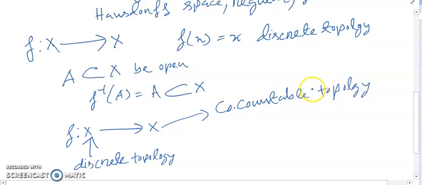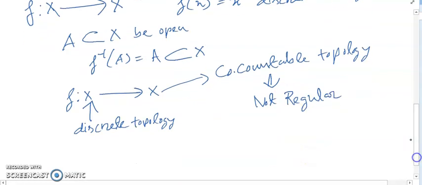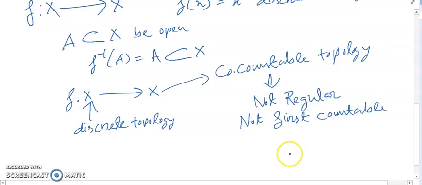So co-countable topology is not regular, and not first countable. So friends, when it is co-countable topology, then it is not regular and not first countable topology.